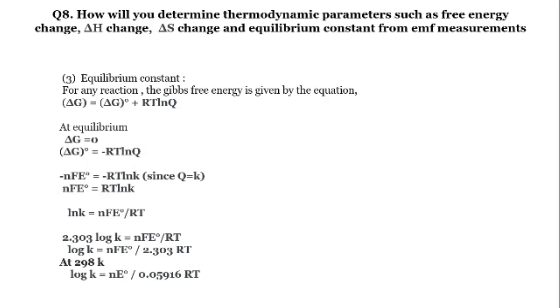You can convert the natural log into log to the base 10 by using the formula 2.303 log K is equal to NFE0 by RT. Log K is equal to NFE0 upon 2.303 RT. At 298 Kelvin, when you take the Faraday 96500 and all these parameters, log K is equal to NE0 upon 0.05916.